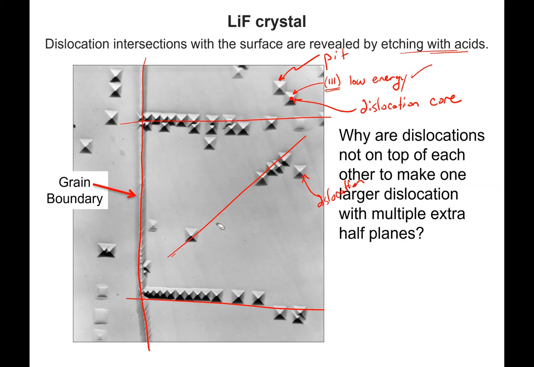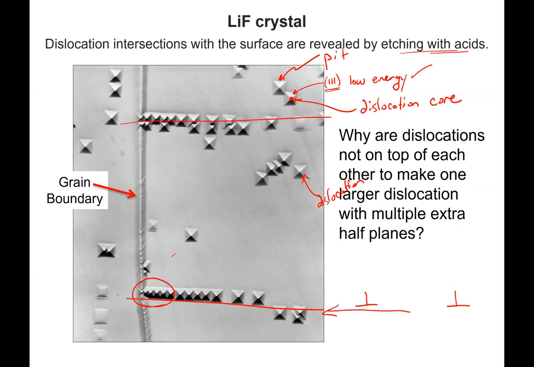And the other thing that you might notice is that they are piling up or seem to be blocked by this grain boundary. So these dislocations are being formed out here, and they're moving this way.